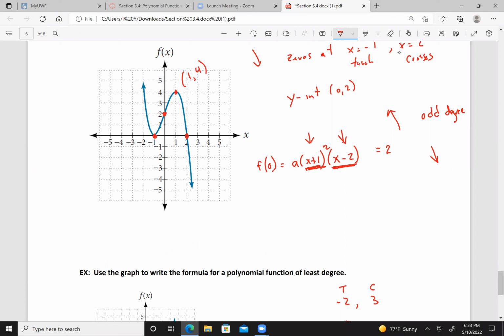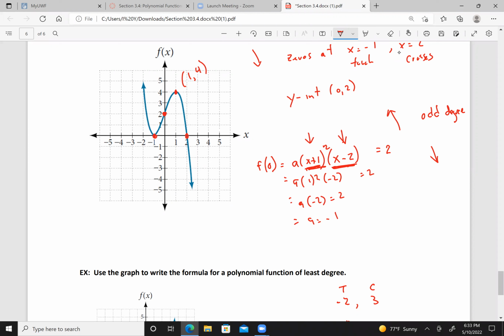I'll square this. And we have a times 1 squared times negative 2 equals 2. A times negative 2 equals 2. So a equals negative 1. That makes the math a little easier.